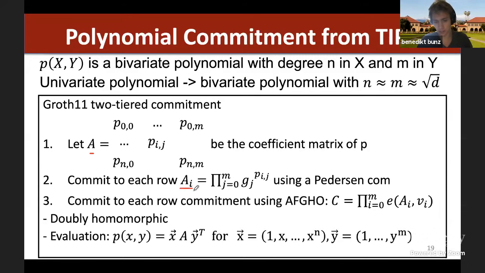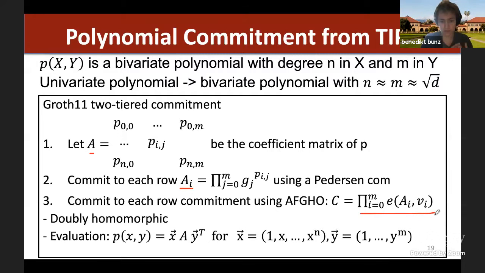So these are now group elements using the AFGHO commitment. So this is using a pairing product. And note that the final commitment to this matrix is still doubly homomorphic.